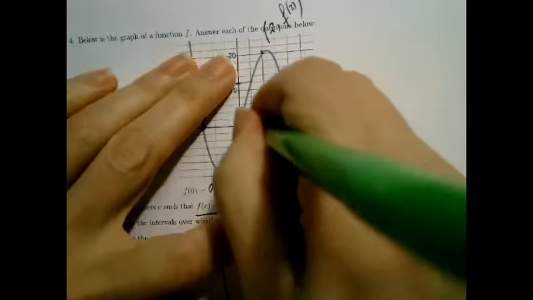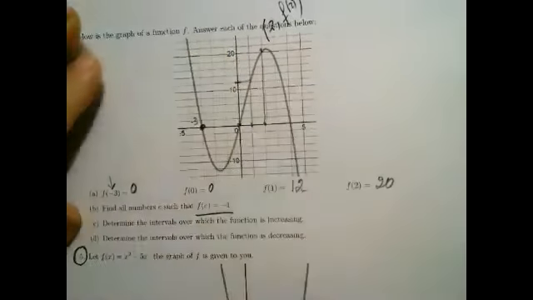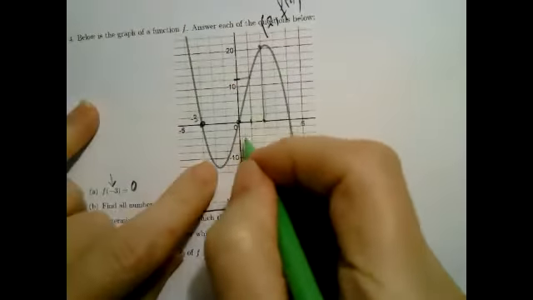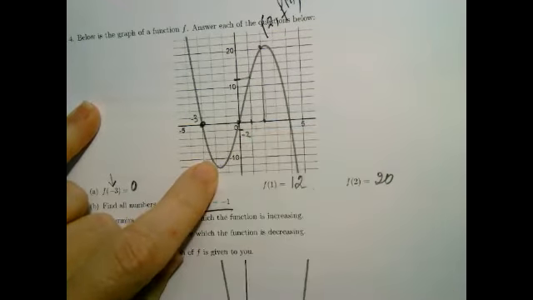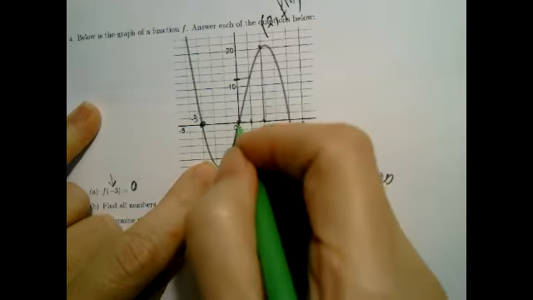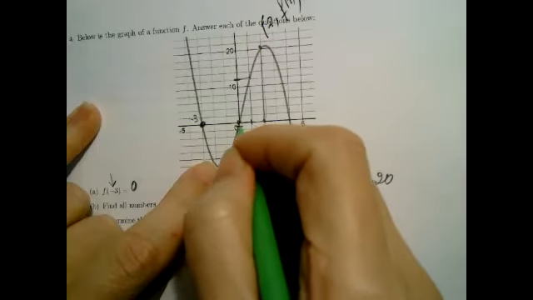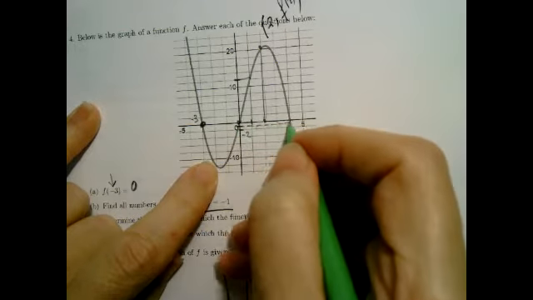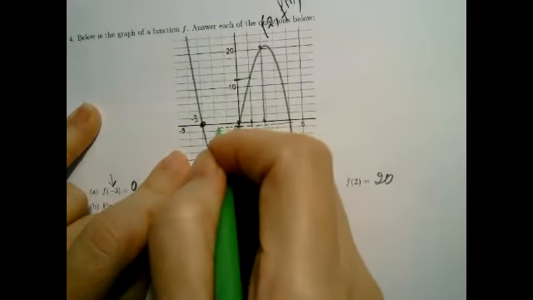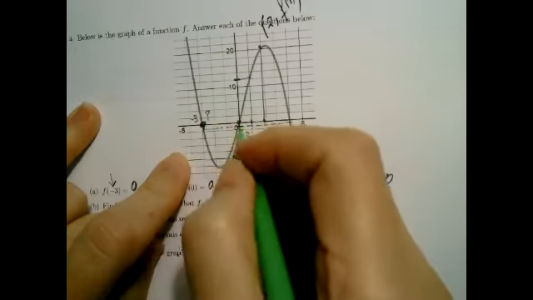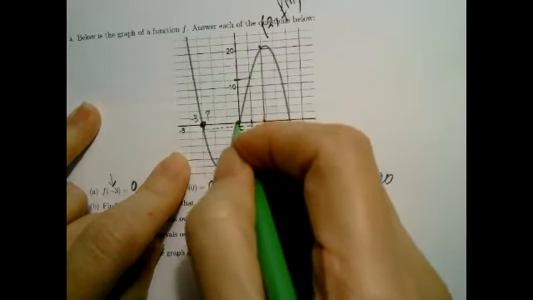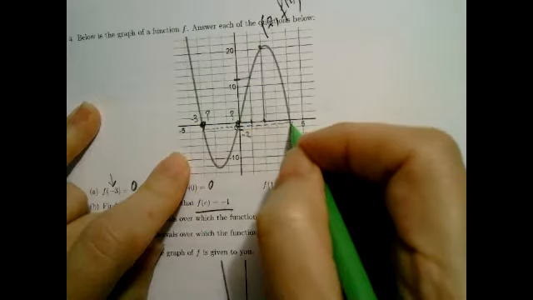Now, find all the numbers c such that f of c equals -1. Okay, so f of c equals -1. Let us see how the scaling is. According to my scaling, this is -2. So -1 is somewhere in between. So now this is -1. I have to go back to my graph and ask myself, okay, what's this? And what's this?